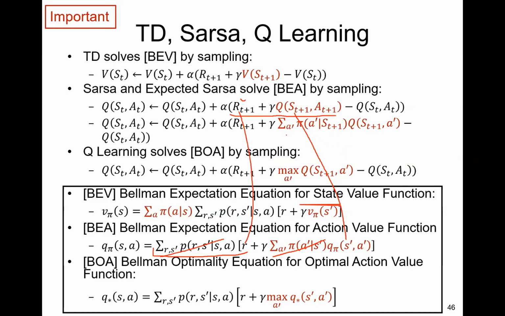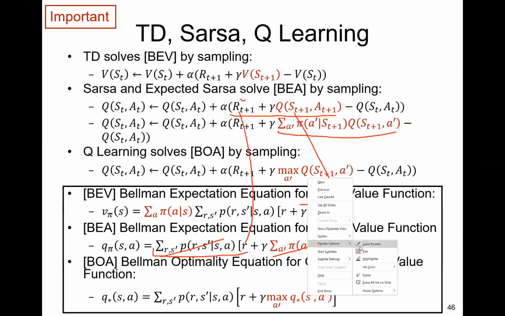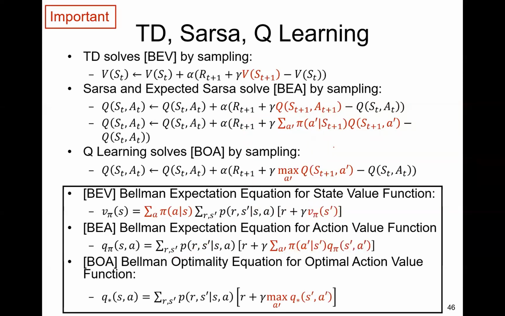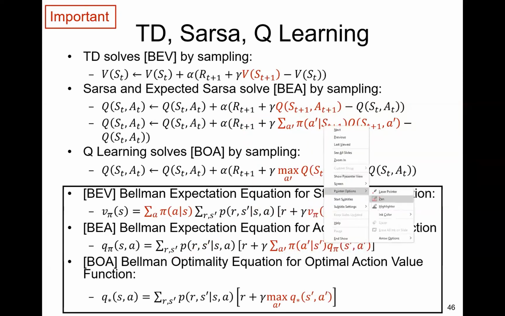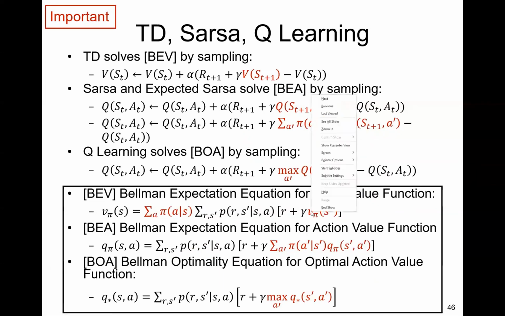So the only difference between Sarsa and expected Sarsa is you have the sum over A prime left over in here. So for Sarsa, you are using this sample to estimate this whole thing.